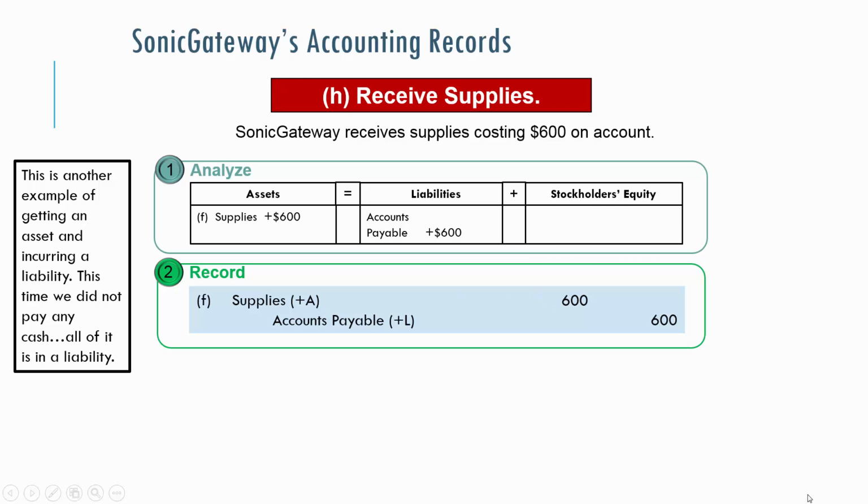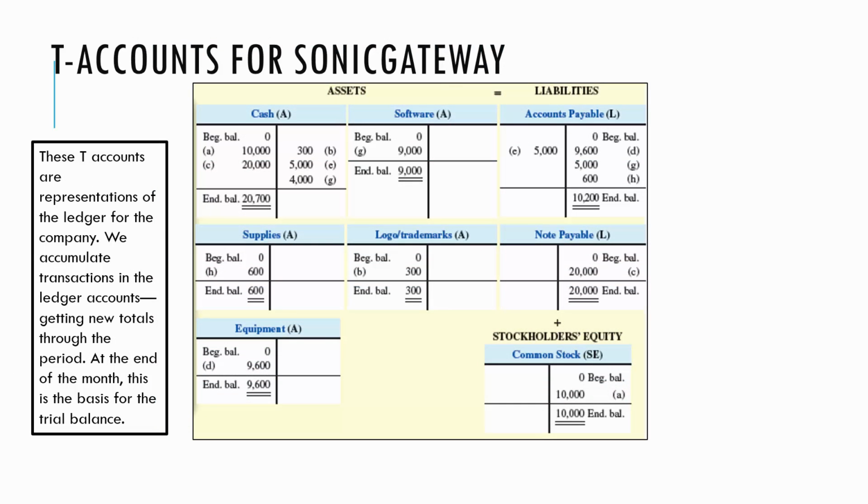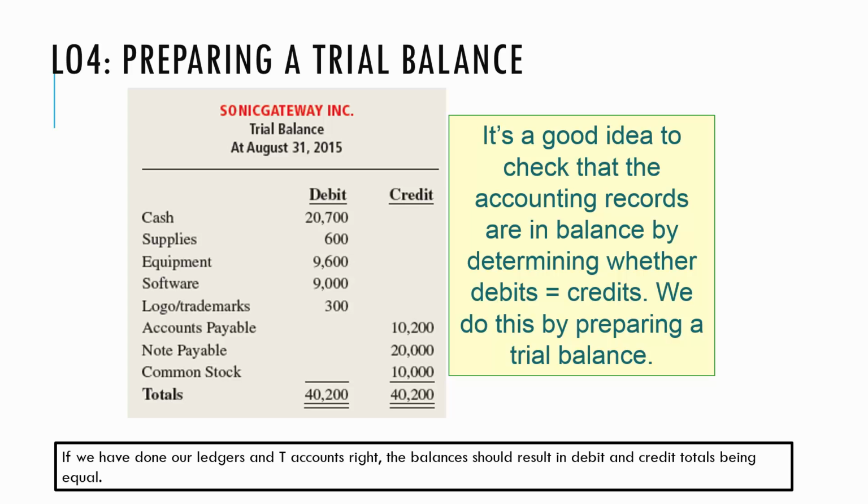Supplies will go up by 600, and we put those in the accounts. When we look at all our T accounts, you can go through and calculate your ending balances in all the accounts at the end. This will accumulate just like it would if these were ledger accounts. So if we went to our little index cards and put them in the format which we had, we could work our way through this just as well.